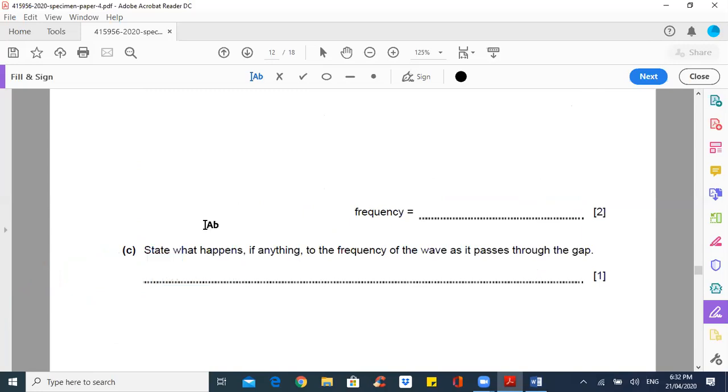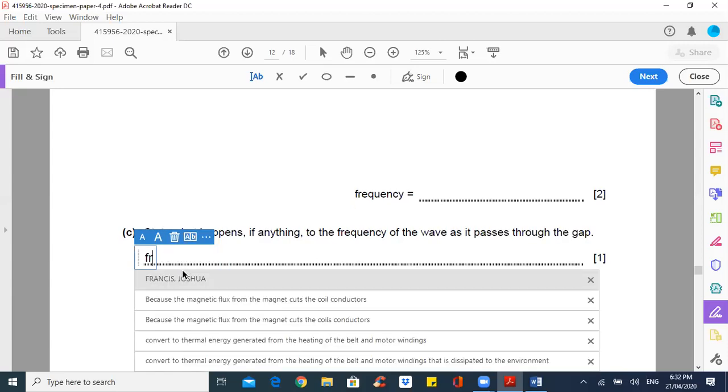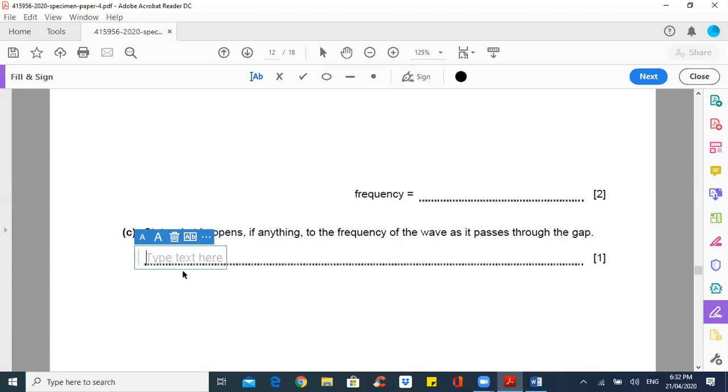Nothing happens to the frequency of the wave.